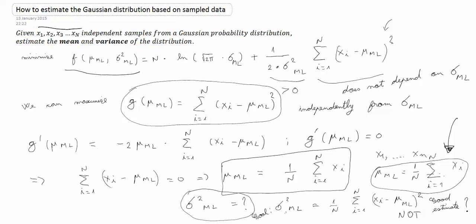And also we were wondering if the variance estimate would also have the similar form we are used to. I don't know. Let's see if mathematically we obtain the same estimate, and we will also need to see whether that estimate is good or not.